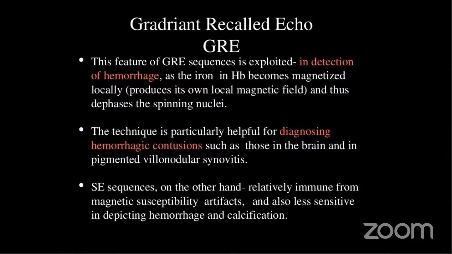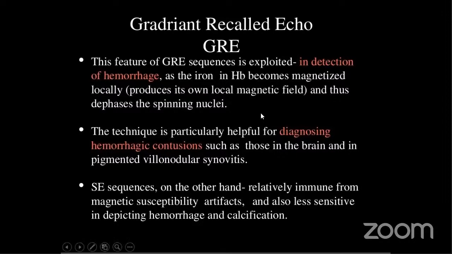Where are we getting this magnetic susceptibility from in the blood? That is from the higher iron content of the heme. Unlike in CT, in MRI you are detecting the secondary effects on the tissue of whatever the insult is, not the direct attenuation. Remember that it's a secondary effect that you are detecting.